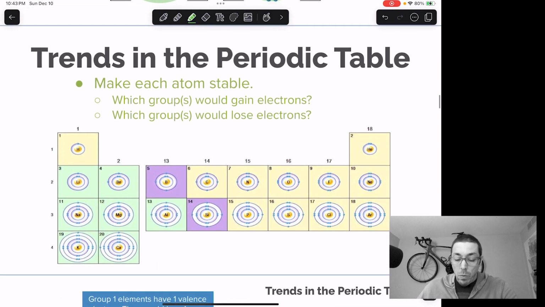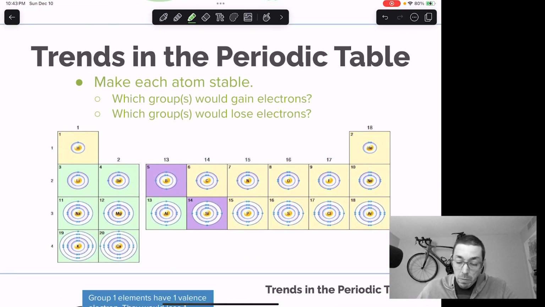So back to trends. We've seen this picture before. We've got kind of the center of our periodic table cut off, and we're just looking at elements 1 to 20 here. So we know the trend where everything in group 1 has 1 valence electron, and everything in group 2 has 2 valence electrons.